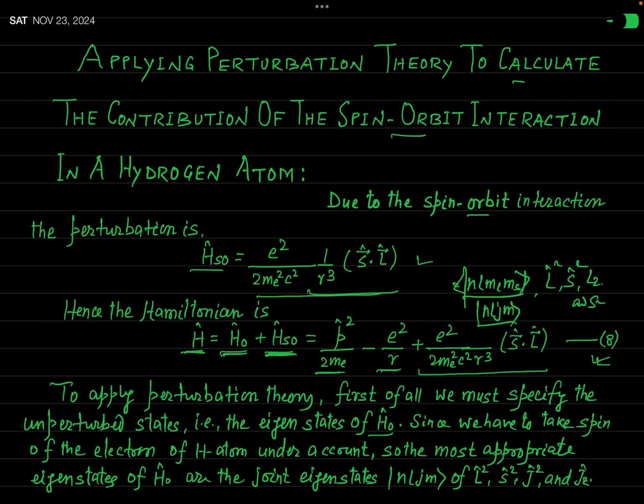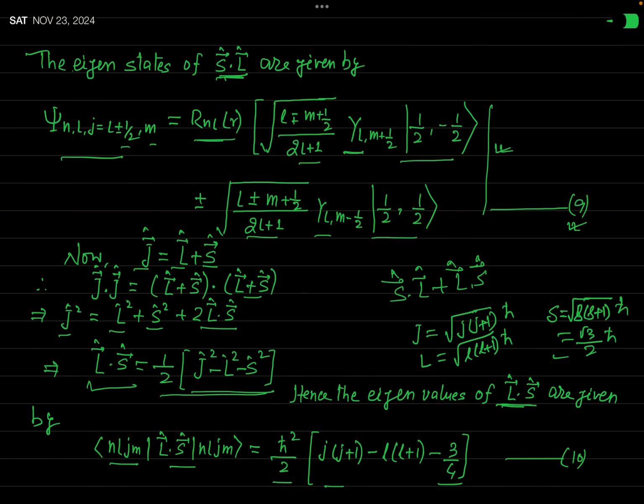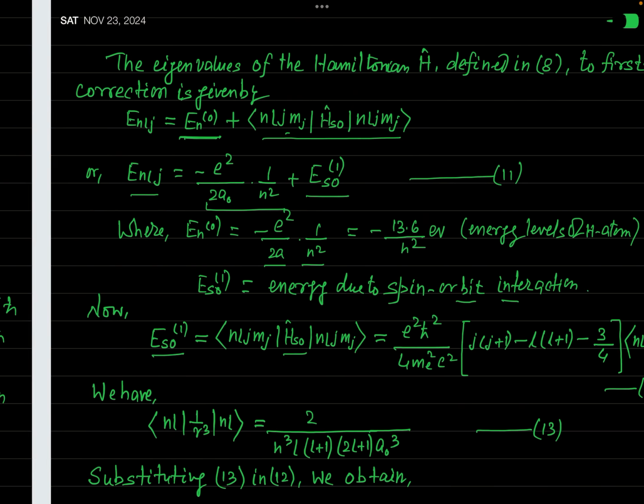But here you have to take the expectation value of 1 over r cube times this much. Okay, e square by 2 m e square c square is a constant factor, so this will be outside, and you have to take the expectation value of 1 over r cube times the expectation value of S dot L. Okay, so let us see.